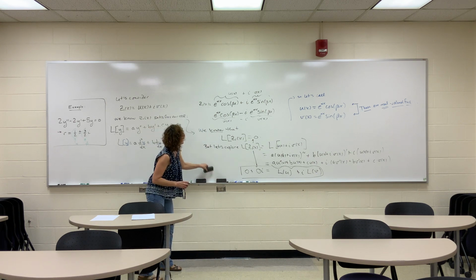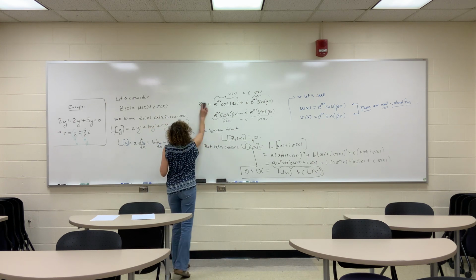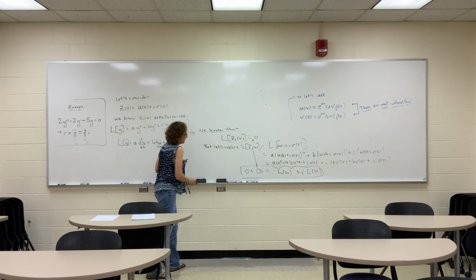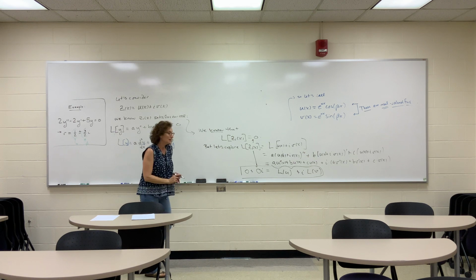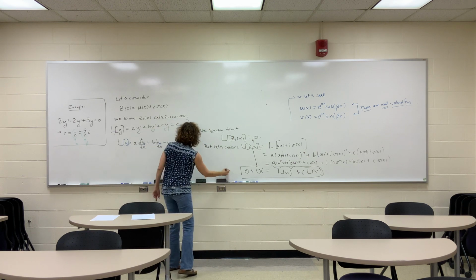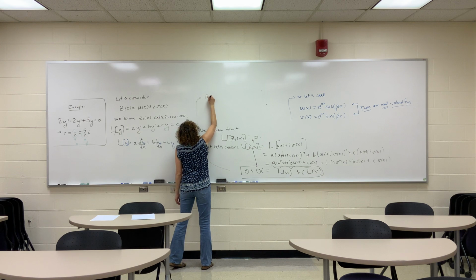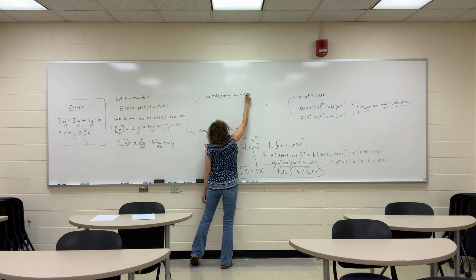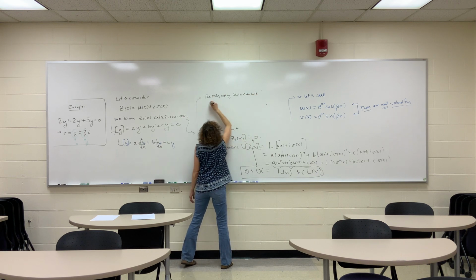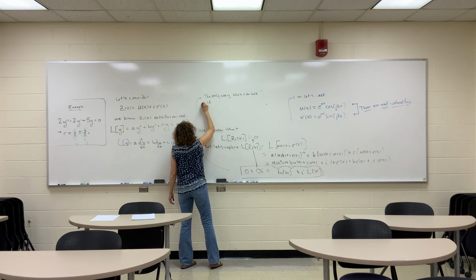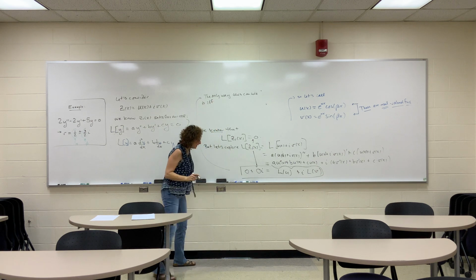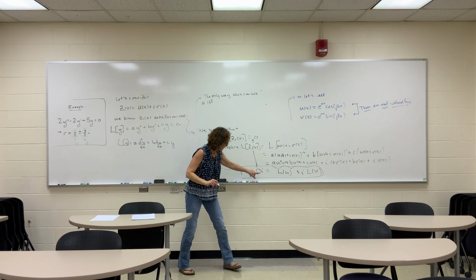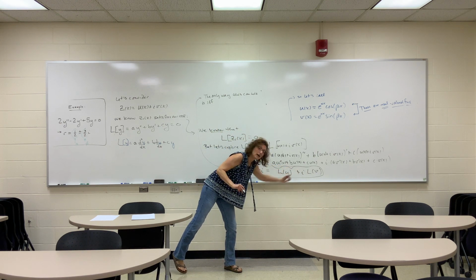Now, what did we say about two complex numbers being equal? If two complex numbers are equal, the only way this can hold is if and only if what's true. 0 plus 0i is equal to this plus that i.